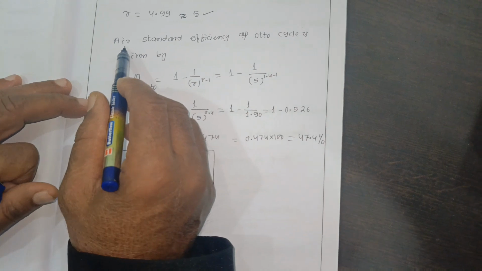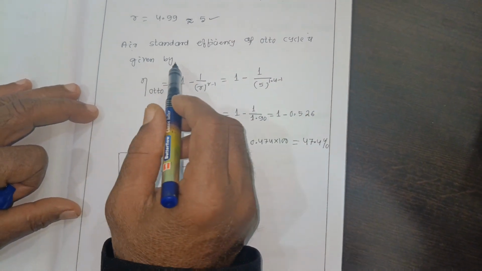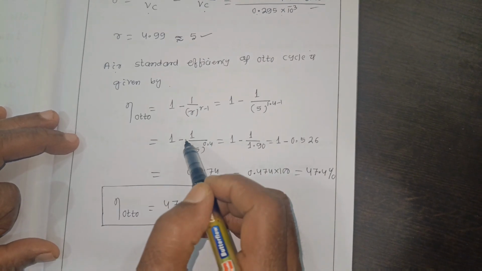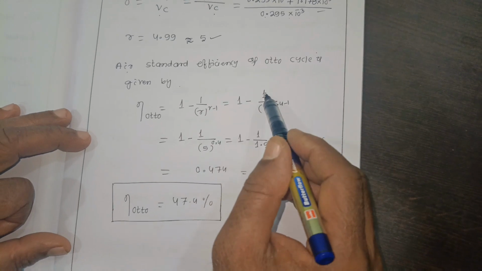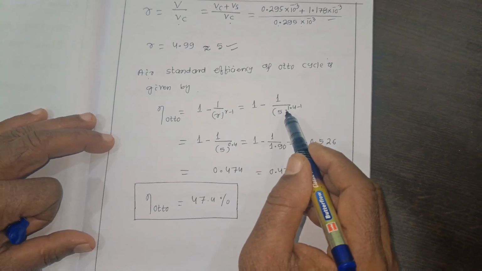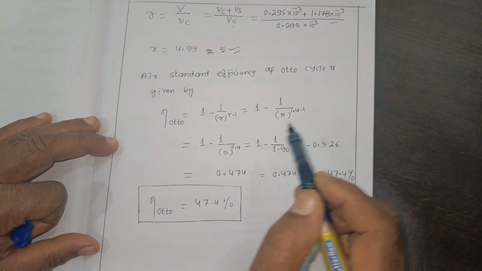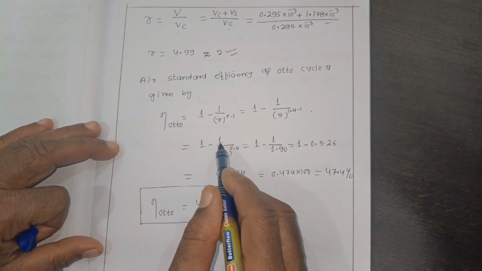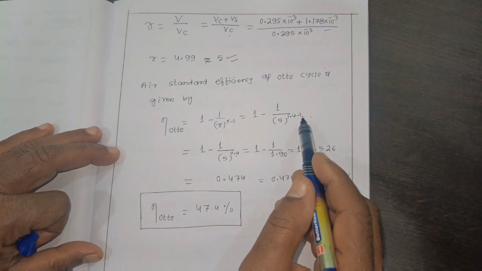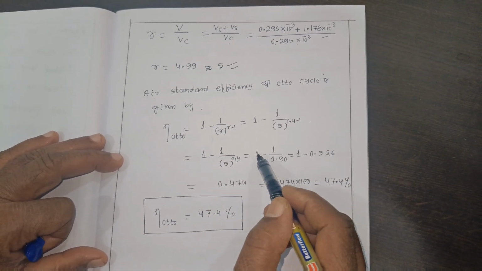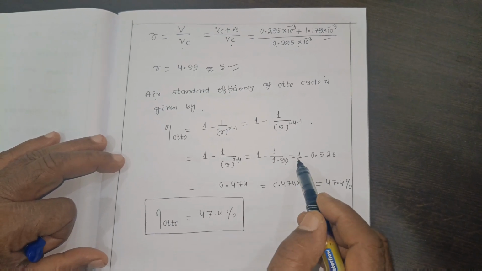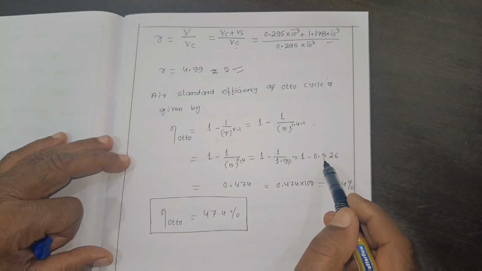Then air standard efficiency of Otto cycle is given by 1 minus 1 by R to the power gamma minus 1 is equal to 1 minus 1 by, since R is equal to 5, 5 to the power 1.4 minus 1 is equal to 1 minus 1 by 5 to the power 0.4, because 1.4 minus 1 is equal to 0.4, is equal to 1 minus 1 by 1.90 is equal to 1 minus 0.526.